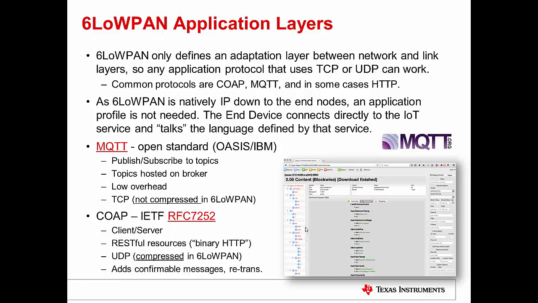MQTT, again an open standard, publish and subscribe to topics, hosted from a broker, is a very simple, low overhead protocol which can be realized on 6LowPAN networks. CoAP, the Constrained Application Protocol, comprises of client and server.